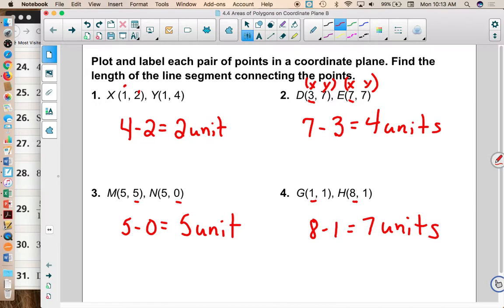This is 0. Go over 1 from 0, from the point of origin, and go up 2.